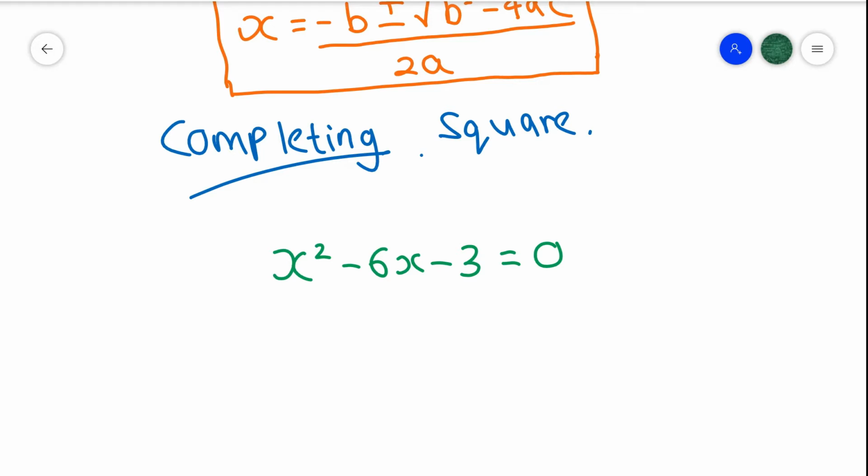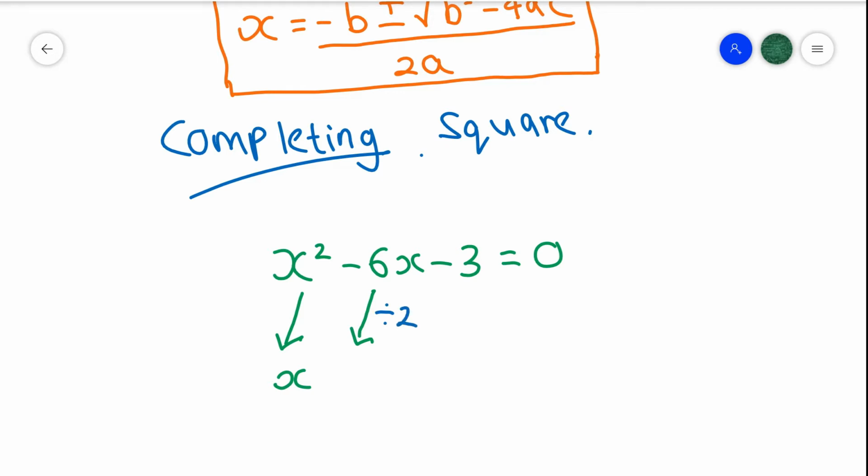If the coefficient of x squared is 1, next we take x out of the x squared term, then we take half of the second term. That means we divide the second term, minus 6, by 2, which is minus 3.